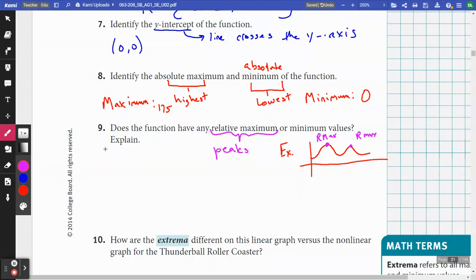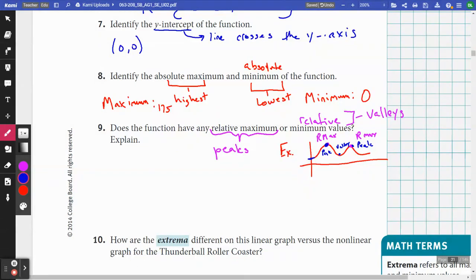And again, relative minimum values want to know, is there any valleys? Like we had a peak here, we had a valley here, we had a peak here, even though one of the absolutes was actually here, way down here at an endpoint.